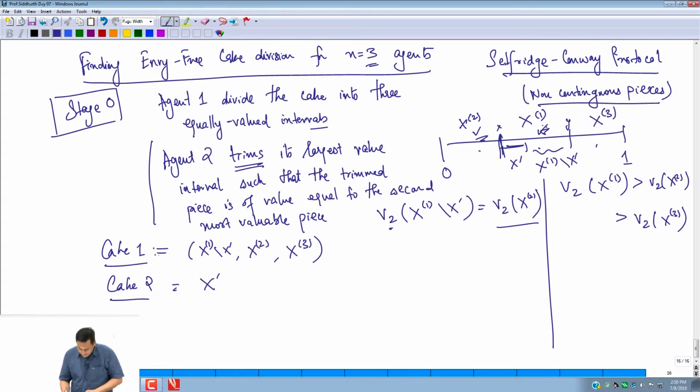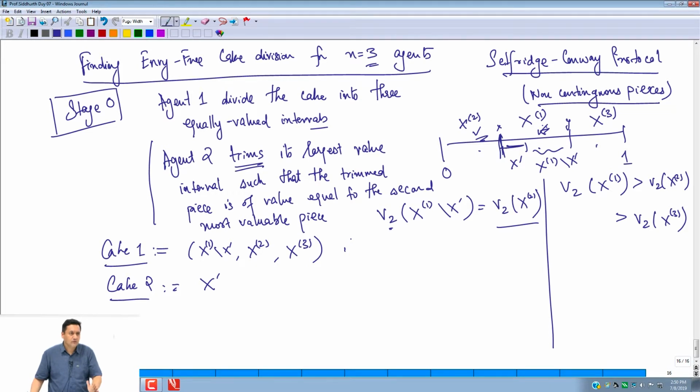So I'll run now into the remaining two stages. What I'll do is find NV-free divisions of these two things individually. You might wonder that, okay, this first cake is nice. We have seen why, if we allow first agent 3, then agent 2, and then agent 1, this would necessarily lead to an NV-free allocation.